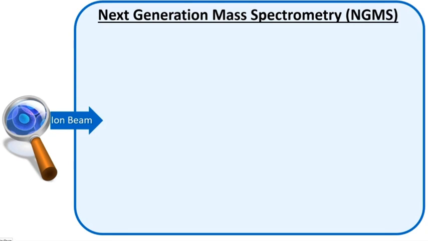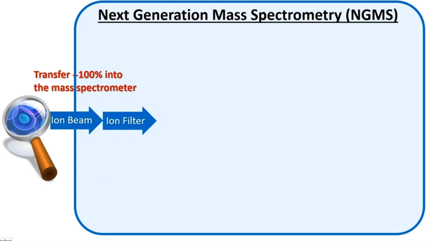We think that there are three elements important to reach this goal. First, a beam needs to be transferred into the mass spectrometer with 100% efficiency, and we have some ideas using conduct electrodes, for example, how to do that. I just showed you that it's possible to use MultiQ technology to filter almost 100% of background ion species.